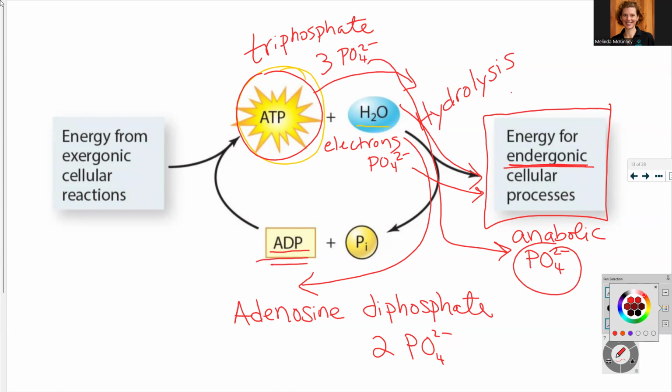This ADP can be recycled. It can be made back into ATP. And in fact, it is in the cell millions of times every second in your cell. So this is happening just all of the time. It's probably the most common reaction in your body. Making ATP, this is going to happen through the process of cellular respiration.